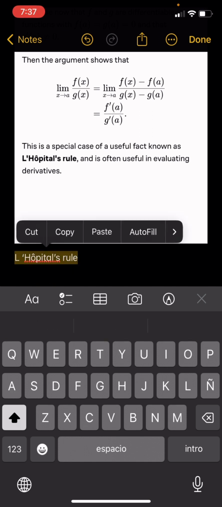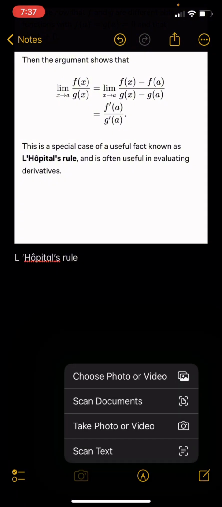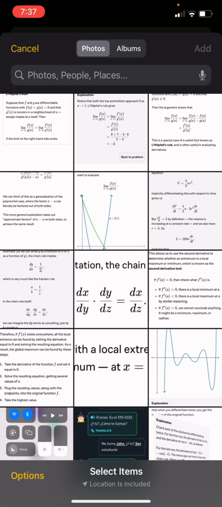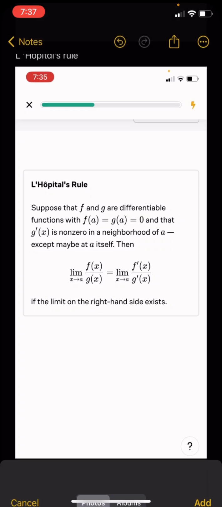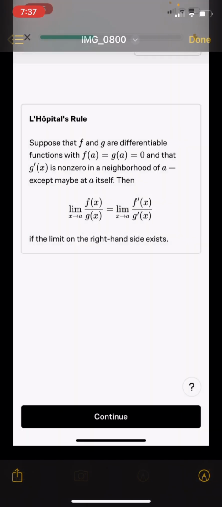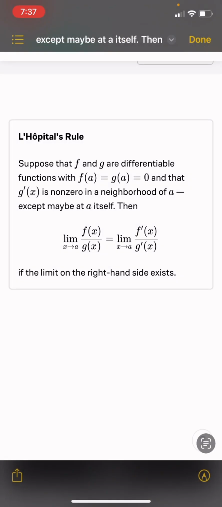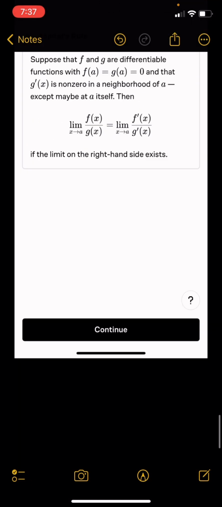Then I'll insert the other picture too. I forgot I cropped it.